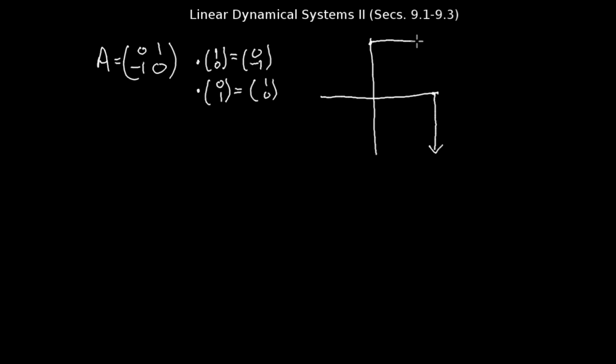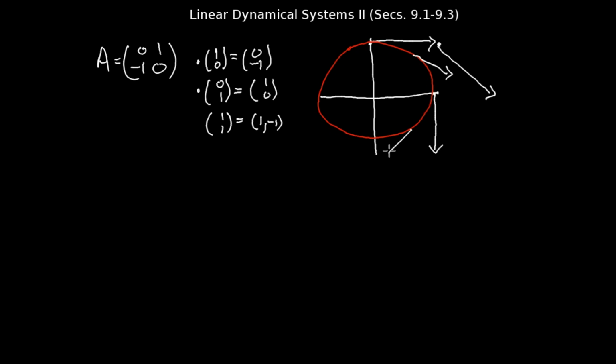So you get this here. And let's look at 1, 1. You get 1, minus 1. And so when you're at 1, 1, that's this point here. It looks like that. And I mentioned this last time. In this example, the trajectories are circles. Isn't that a beautiful circle? And these guys are all pointing like this.